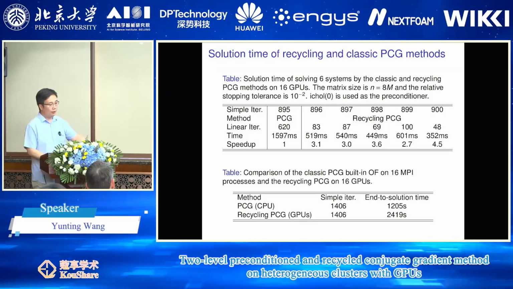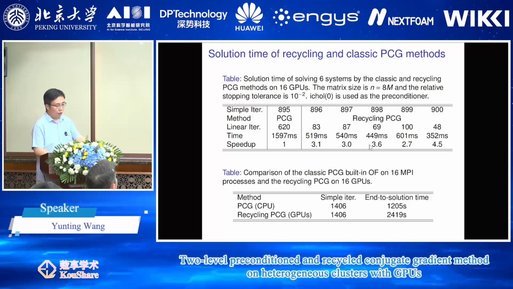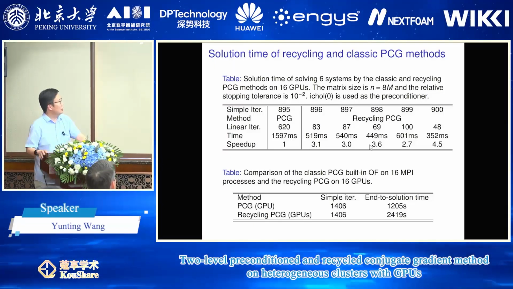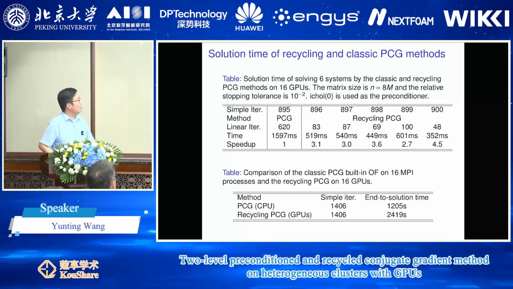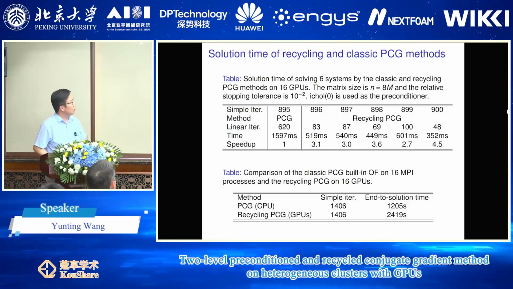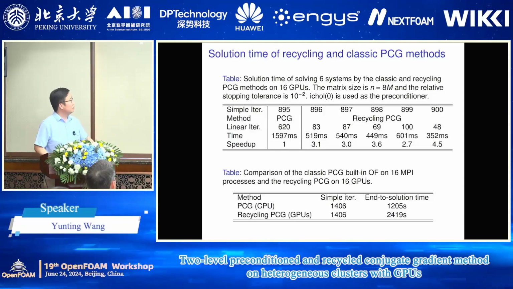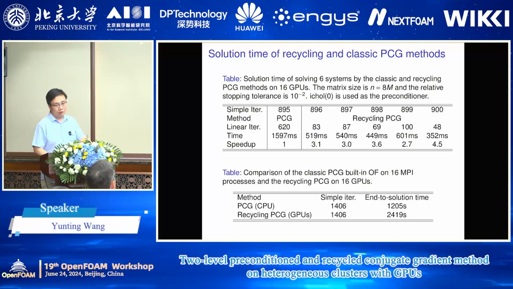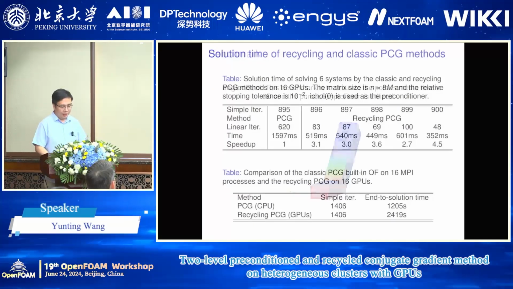Here is the total solution time of these 6 linear systems. For the first one we use standard PCG, and then we switch to the recycling PCG, and the speedup in solution time is about 3. So it's 3 times faster than the standard PCG.